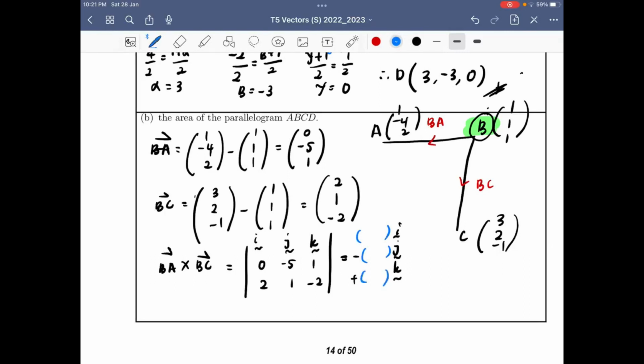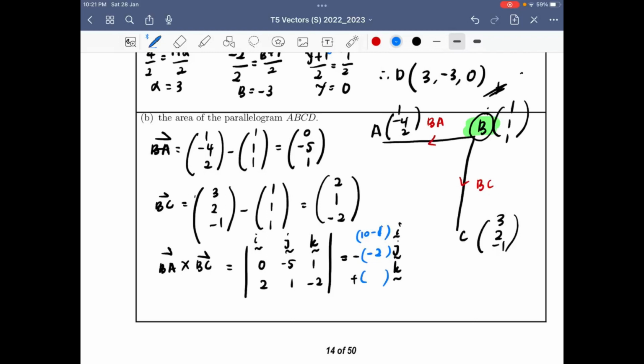Okay, just the same process for cross product. We close the i part, we get 10 minus 1. And then we close the j part, we get 0 minus 2, right? So here we have minus 2.